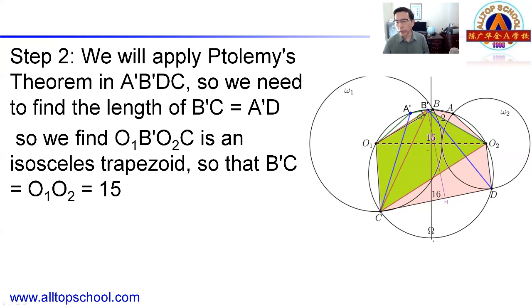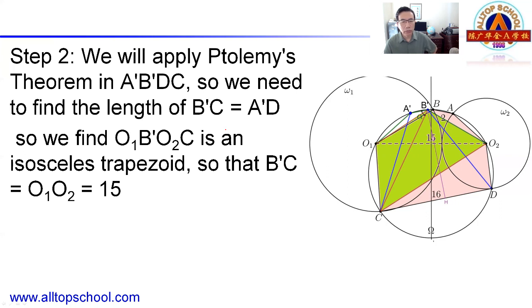But directly from this trapezoid, we cannot find anything. But if we utilize the other trapezoid, O1 C, O2 B prime, you will find that there are two diagonals, O1 O2, and then B prime C will be the same. The only thing we need to prove is that this is an isosceles trapezoid.